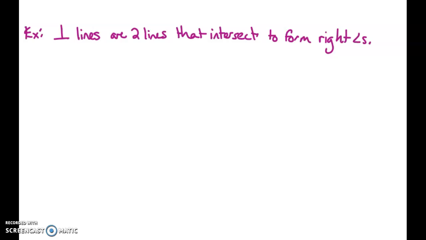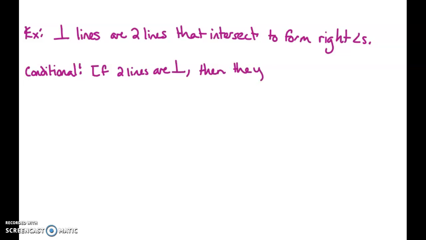All right, so now the conditional, that's the if-then statement. So the conditional says if two lines are perpendicular, then they intersect to form two right angles.